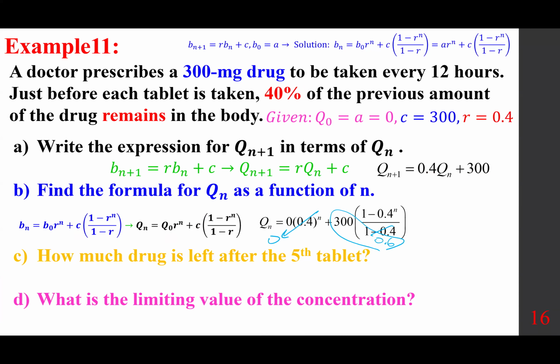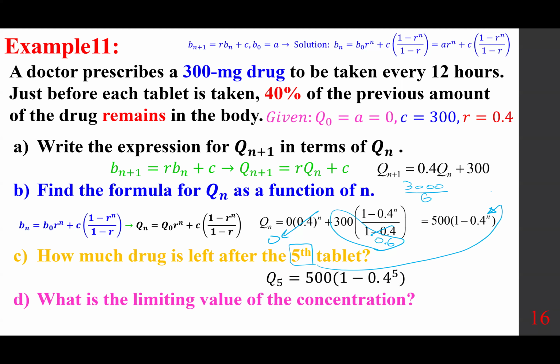So 300 divided by 0.6 is the same as 3,000 divided by 6 or 500. The fifth tablet, how much drug is left after the fifth one? You replace the n, put it into a calculator. 494.88 milligrams would be the answer.